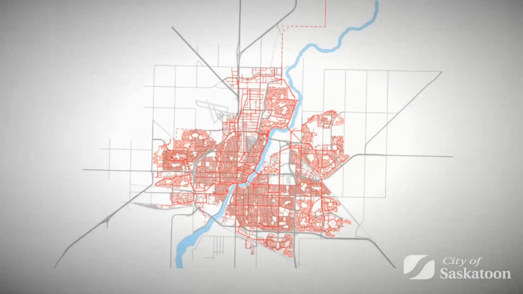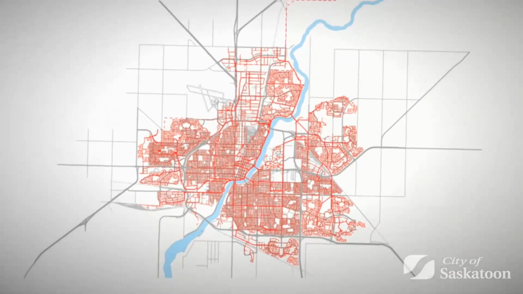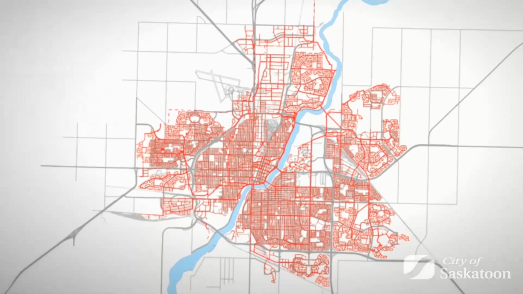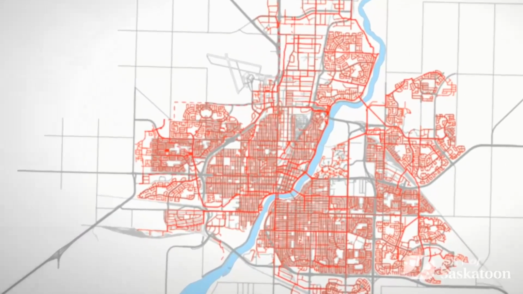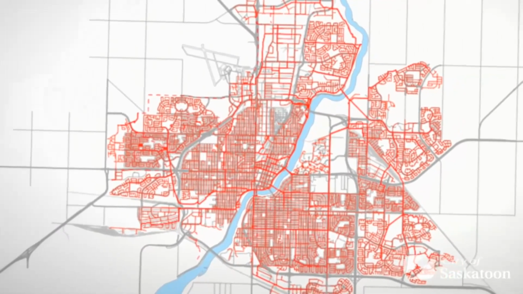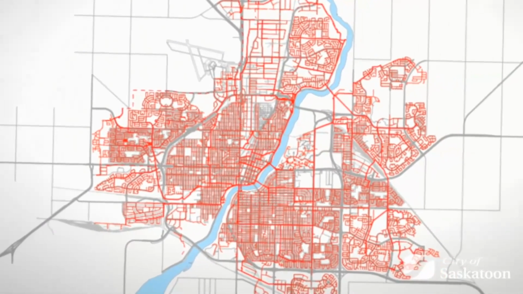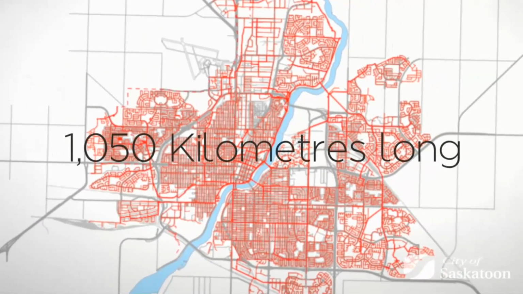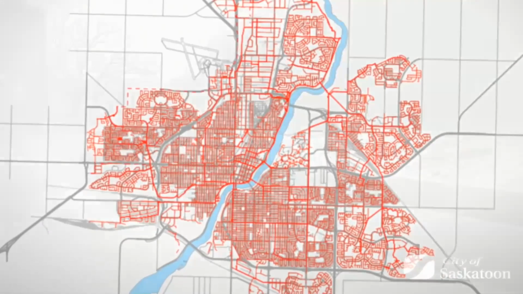Wastewater flows from the sinks and toilets in homes and businesses and from industries in the community into an underground maze of pipes called the sanitary sewer system. Saskatoon's wastewater collection system is about 1,050 kilometers long, approximately the distance to Edmonton and back.